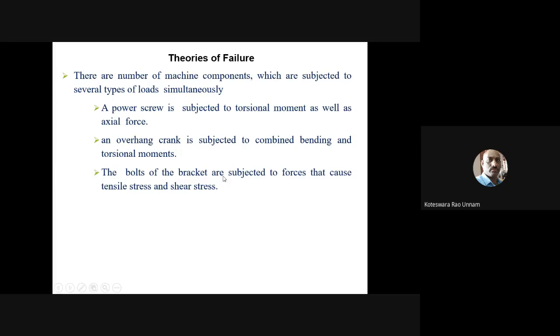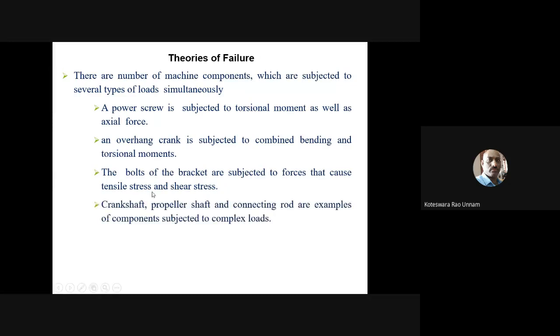When a bracket is subjected to a force, there is a direct load, which may be a direct tensile or normal stress. Then, because of eccentricity, those bolts are subjected to shear stresses. So here also the bolts are subjected to a combination of stresses, a complex state of stress.